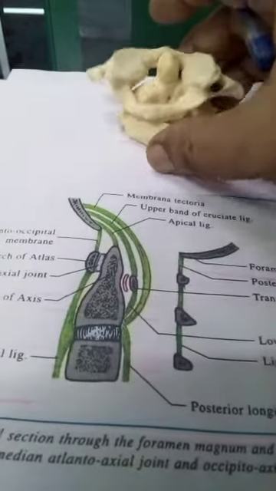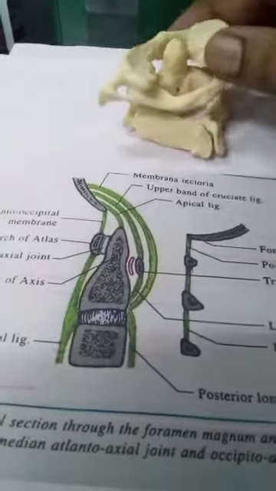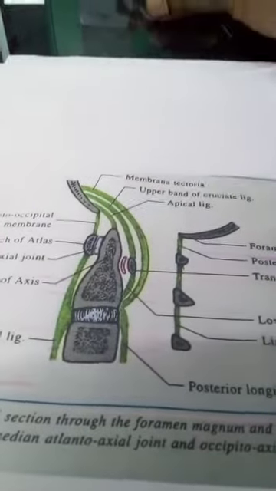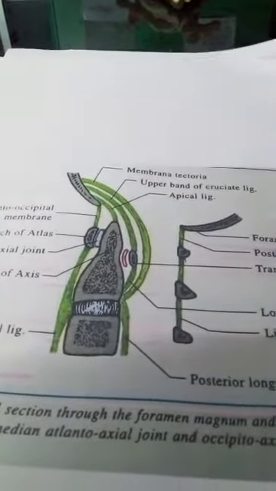Now let us know the movements permitted at the atlanto-occipital joint. Movements permitted at the atlanto-occipital joints are flexion and extension, that is nodding, and lateral flexion.